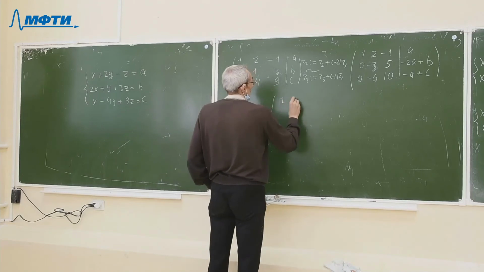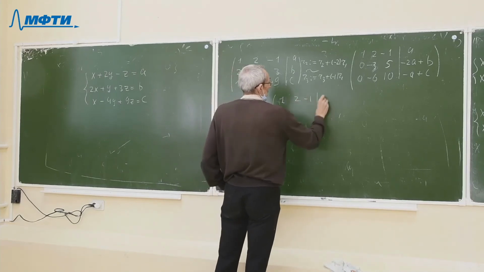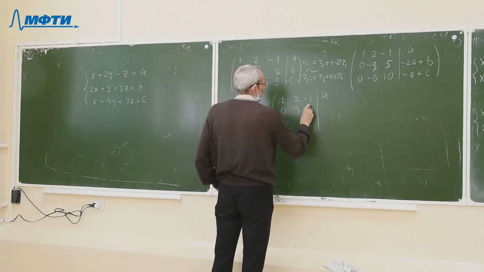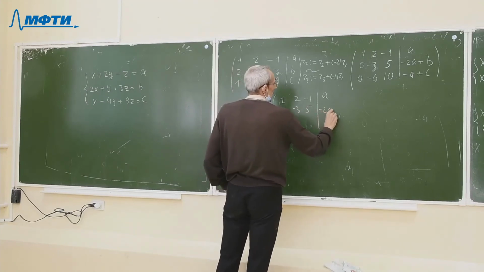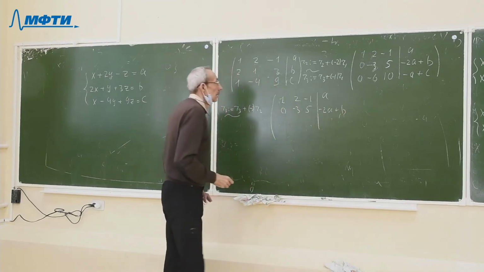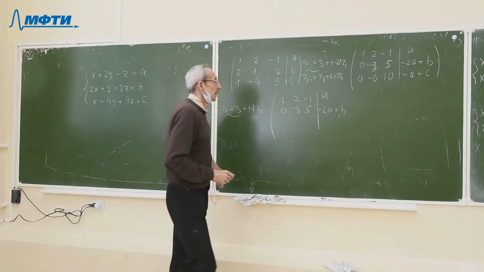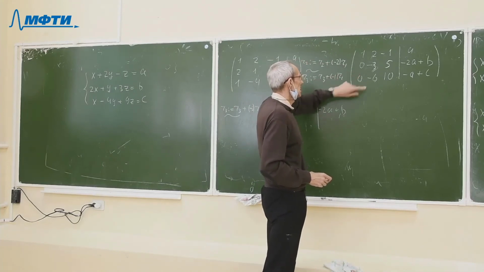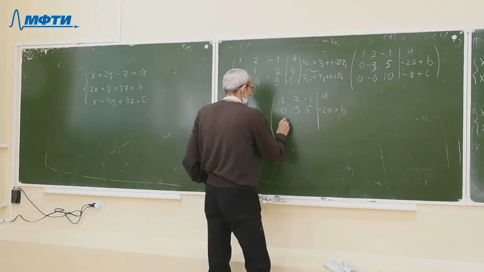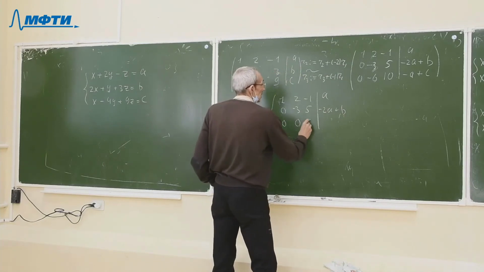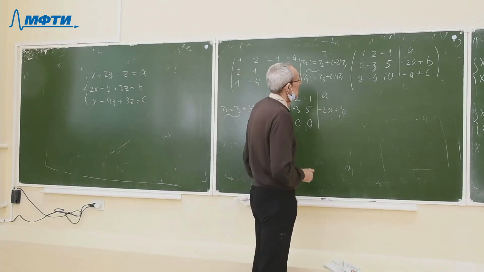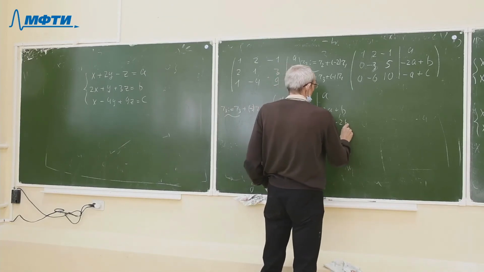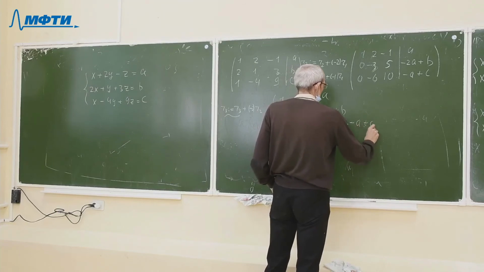First row 1, 2, minus 1, a, then the second row, and the third row 0, 0, 0, and then a combination of a, b, and c.